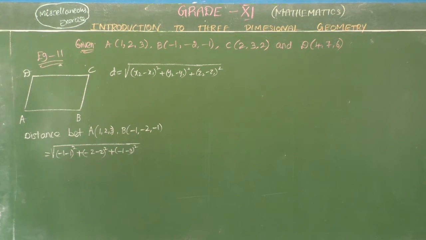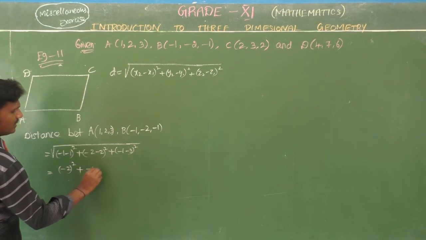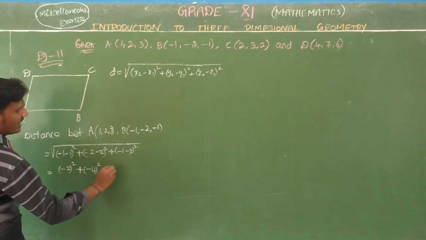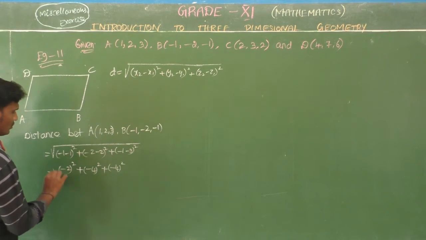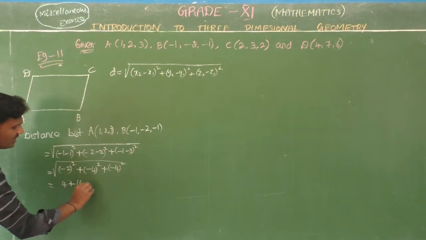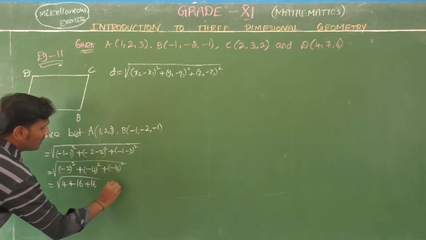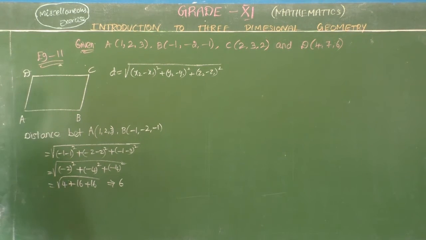Now simplify: (-2) the whole square plus (-4) the whole square plus (-4) the whole square. Now expand: 2 2s are 4, 4 4s are 16, the same again. So 4 plus 16 plus 16 is 36. If we take the square root, the answer will be 6.